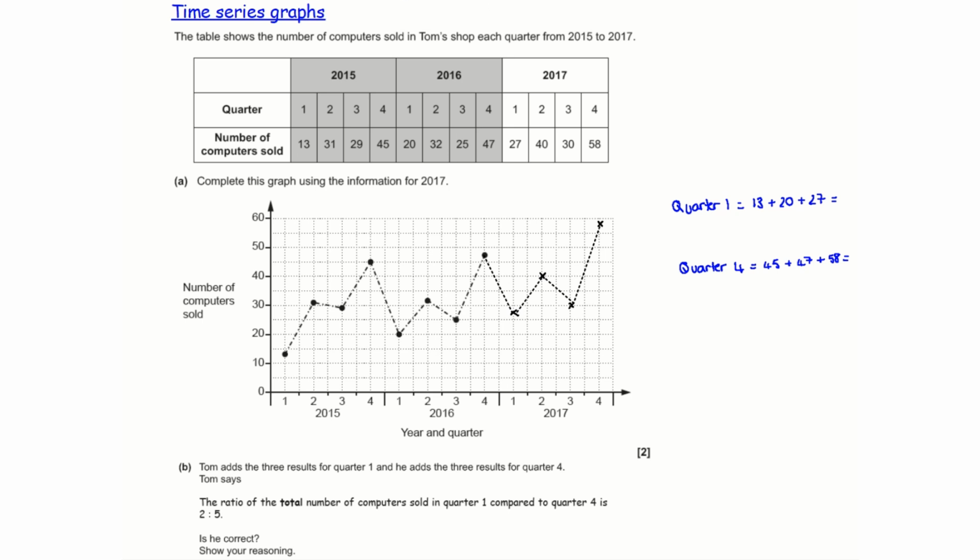And when we've got those 2 results, we get an answer for these ones when we add them together of 60, and if we add these ones together we get 150.